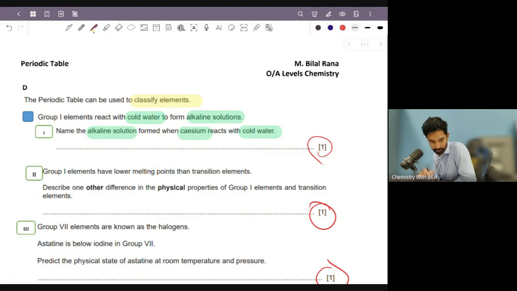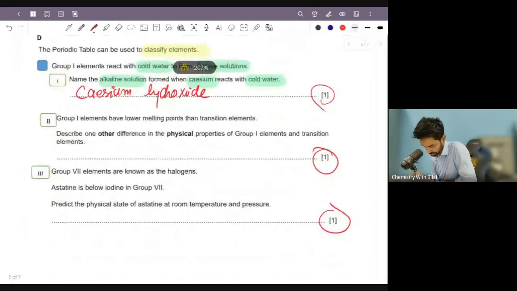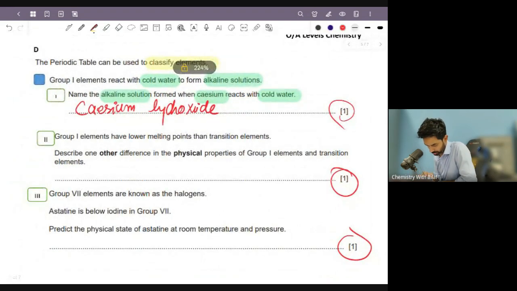When something from group 1 reacts with cold water, it forms hydroxide. So we call that solution cesium hydroxide. Had it been sodium, we would have been calling it sodium hydroxide. This is cesium, so it's cesium hydroxide.